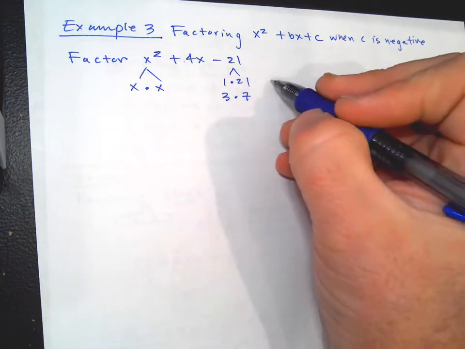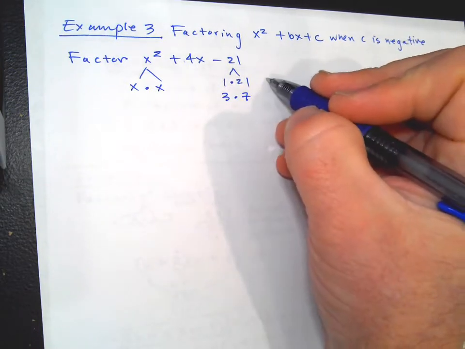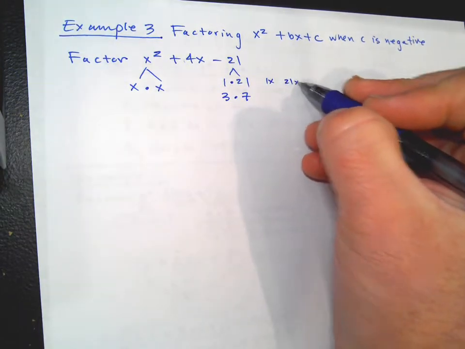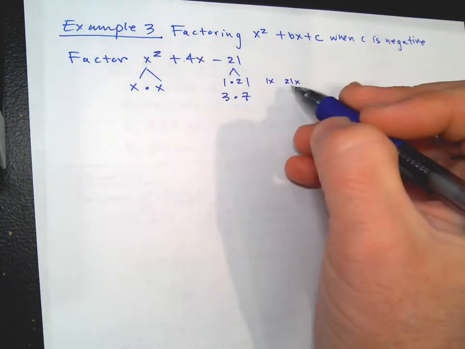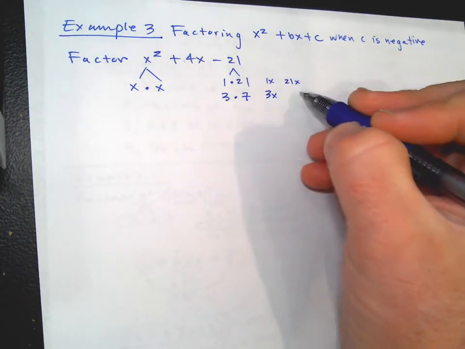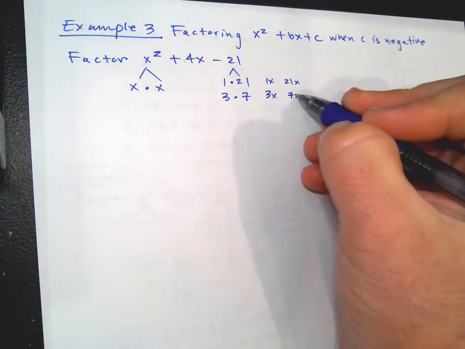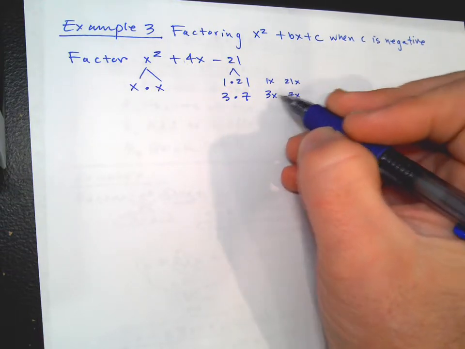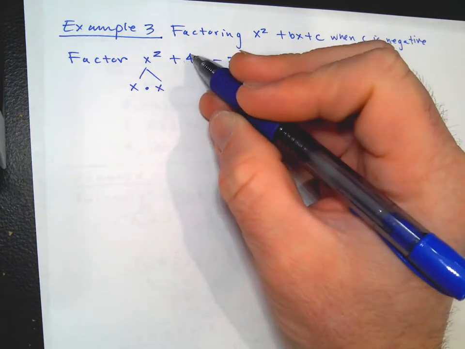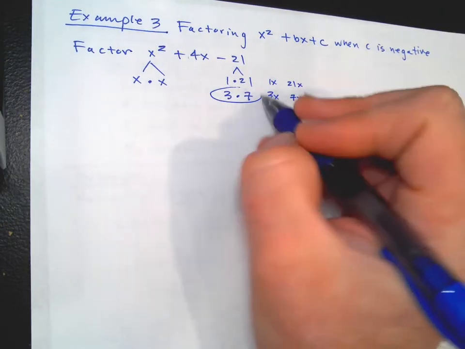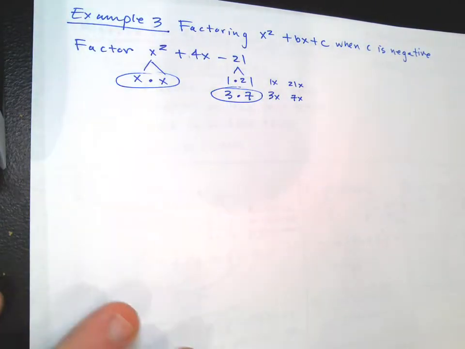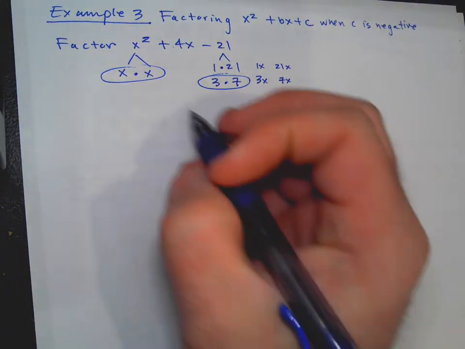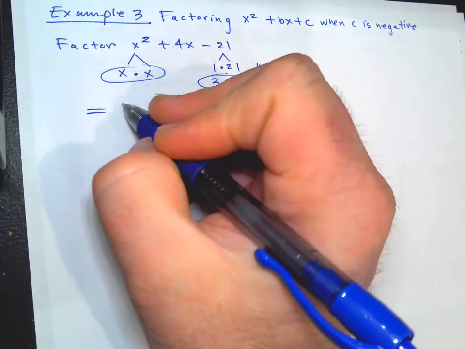If you do 1 and 21, you're going to get 1x and 21x, which is no way going to give you 4x. If you do the 3 and the 7, you get 3x and 7x. Now, you might think, oh, that's going to be 10x, but we could do 7x minus 3x gives you 4x, right? So that's the pair we want.